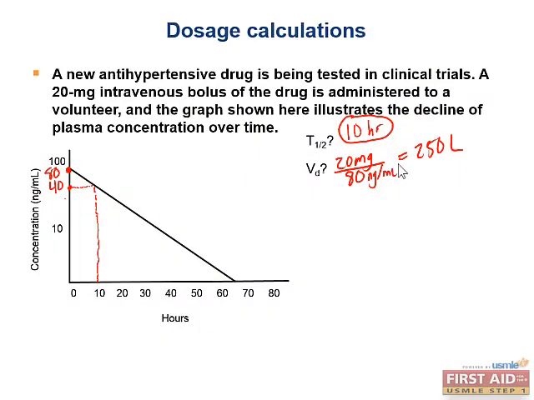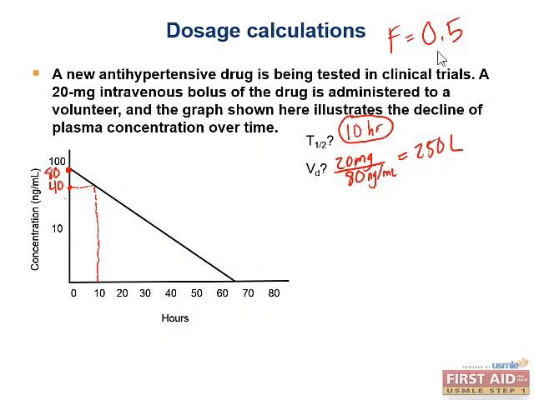Now, notice that since the drug is given intravenously, the bioavailability is going to be 1 and therefore can be neglected in our calculations. However, what if the drug was given orally with a bioavailability of just 50%, if our F was 0.5 or 50%? Then how would that alter our calculations?